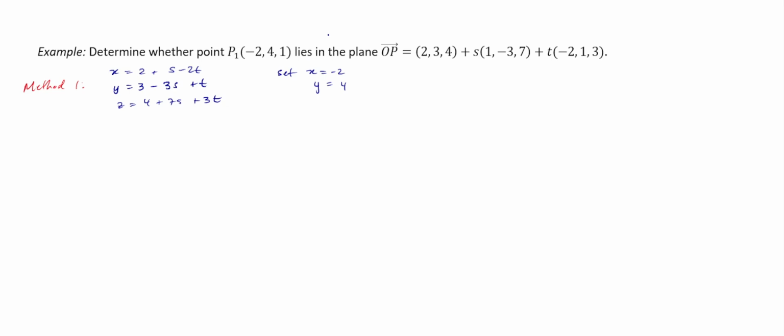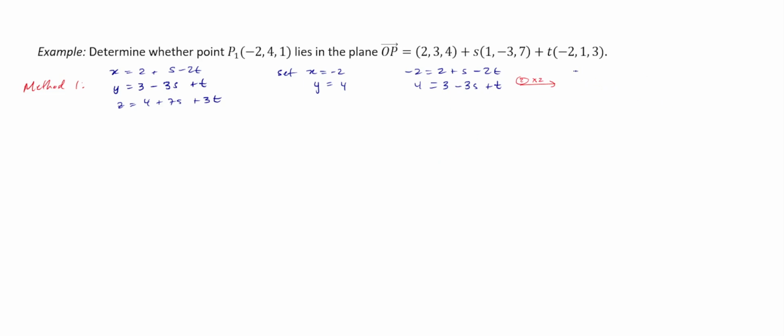So I'm setting that up, and I get -2 = 2 + s - 2t, and 4 = 3 - 3s + t. The issue with these 2 equations is that I can't eliminate a variable as is. What I can do is take my second equation and multiply it by 2.